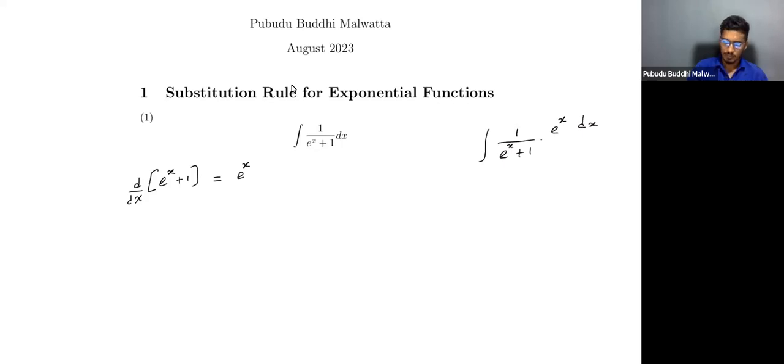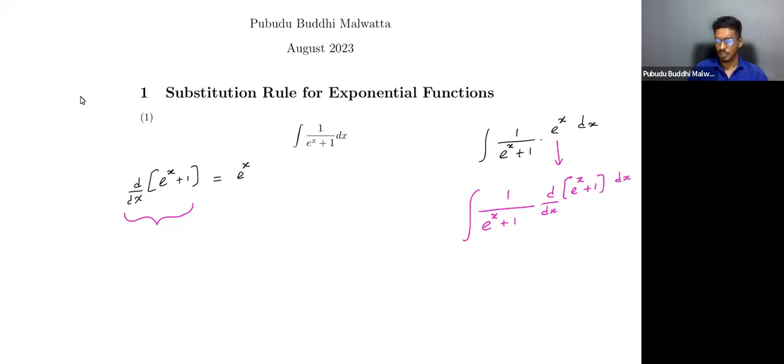Why? Because then this exponential x, I can express as the derivative of exponential x plus 1. So that's the idea. Like this, that's the desired form.